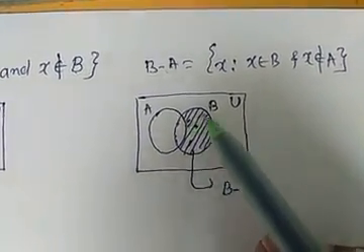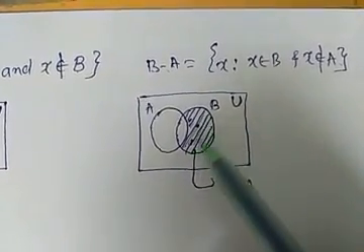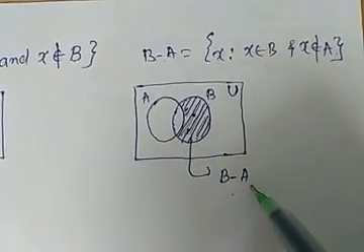So set B has this shaded region which defines B minus A.